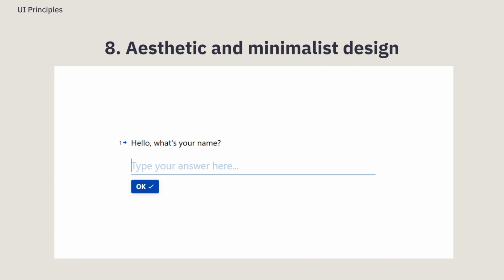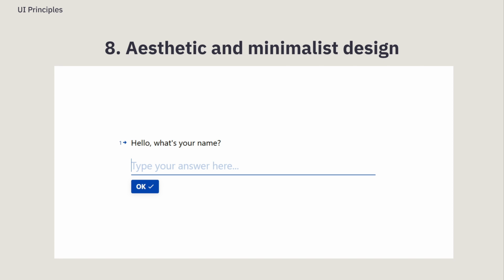8 is to provide aesthetic and minimalist design. There is a psychological phenomenon where we think that things that look better perform better, which is why visual design is important not just to how something looks, but to the experience of it and how we think it functions.